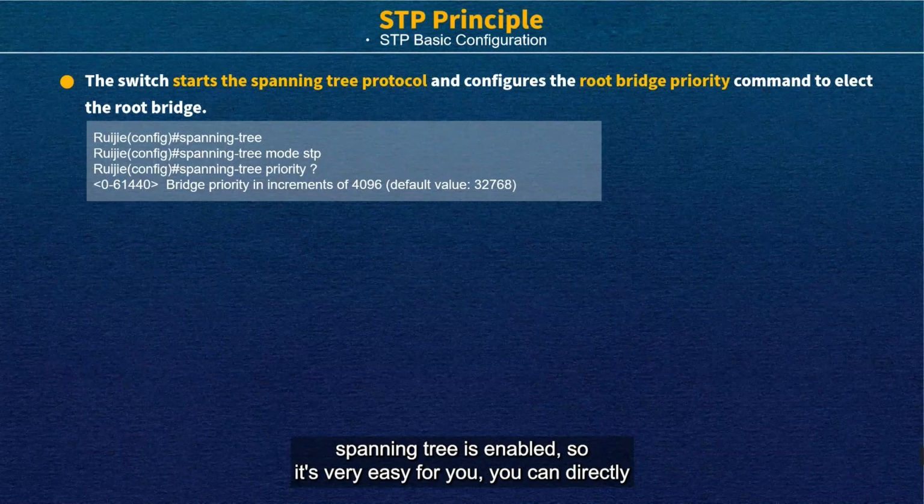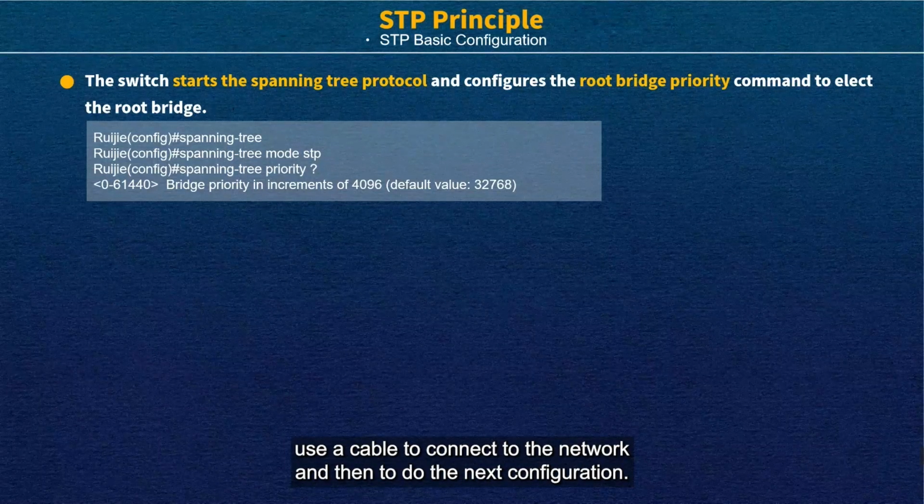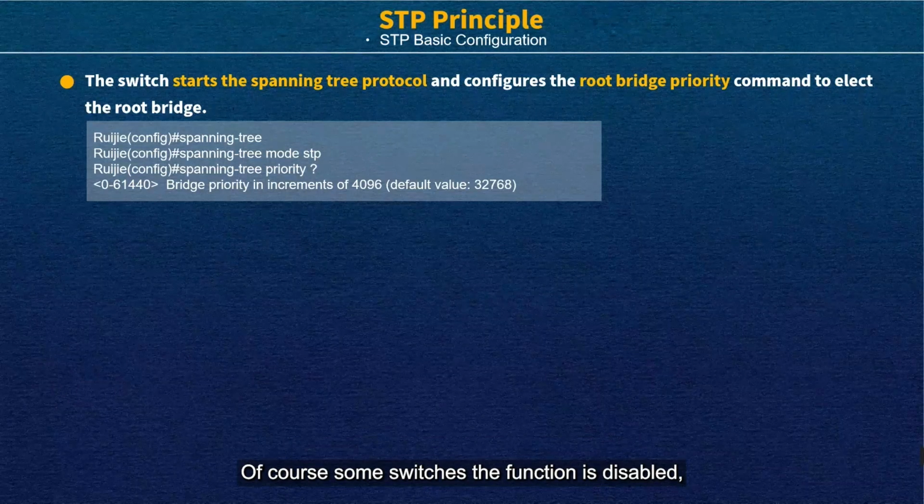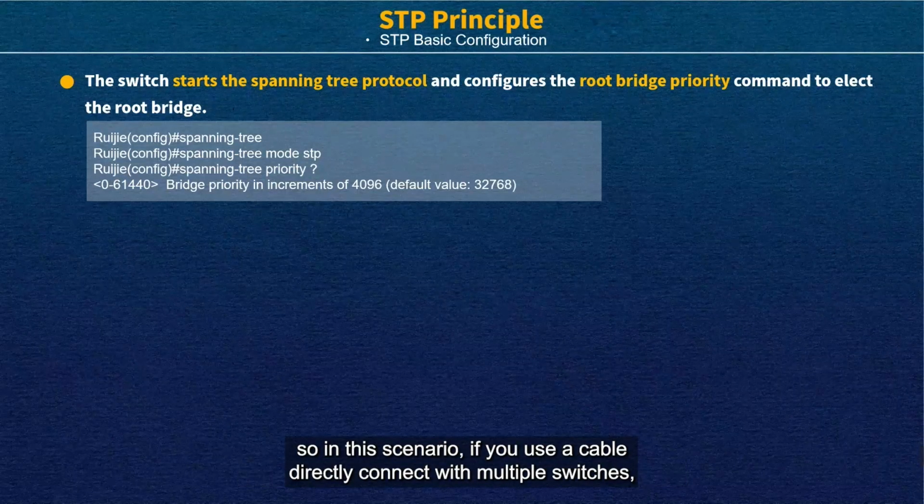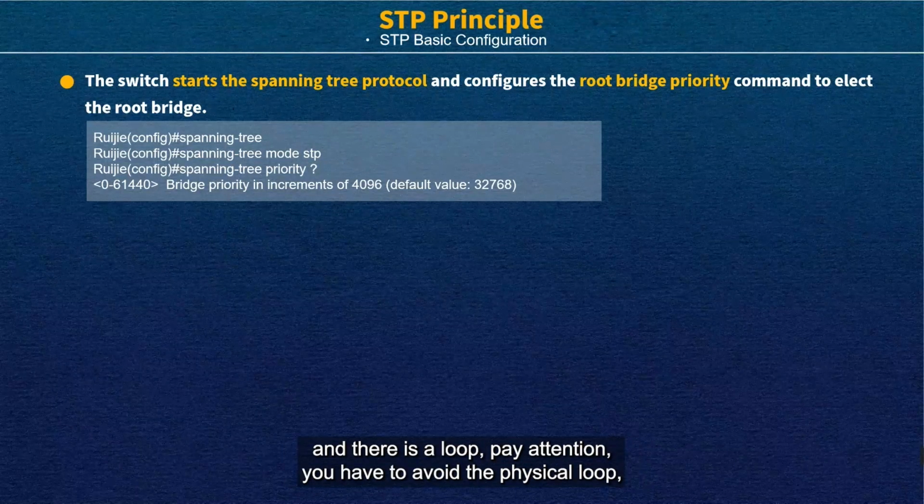You can directly use a cable to connect to the network and then do the next configuration. Of course, on some switches the function is disabled. In this scenario, if you use cables to connect multiple switches and there is a loop, pay attention: you have to avoid the physical loop.